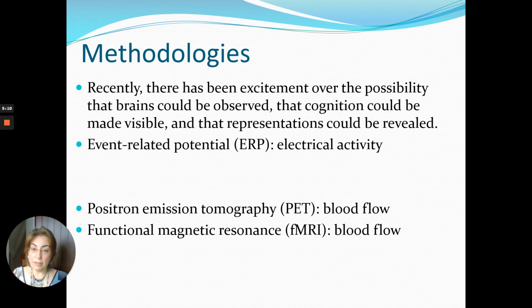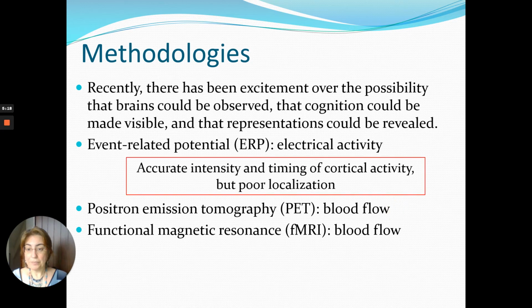Okay, so you can measure either electrical activity of the brain or blood flow supply to a certain area of the brain. Now, when you measure electrical activity, you have the advantage of an accurate measurement of the intensity and timing of the cortical activity. So electrical activity happens as soon as that area is working.